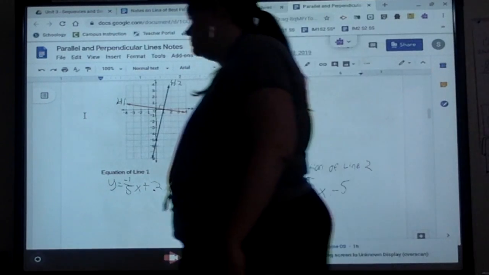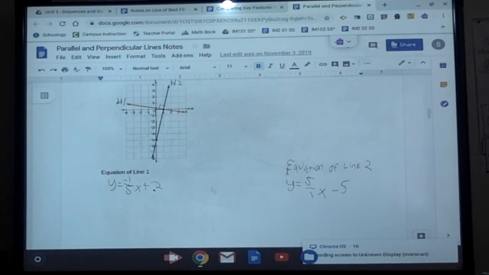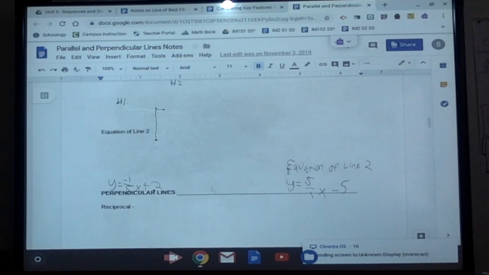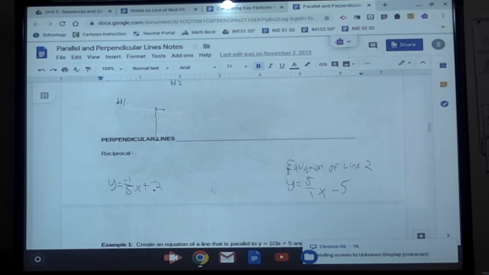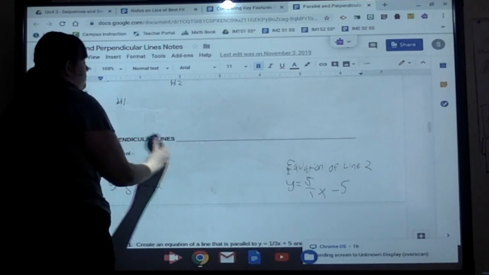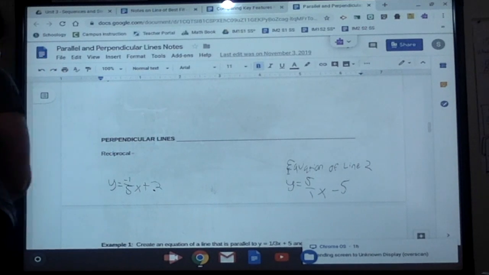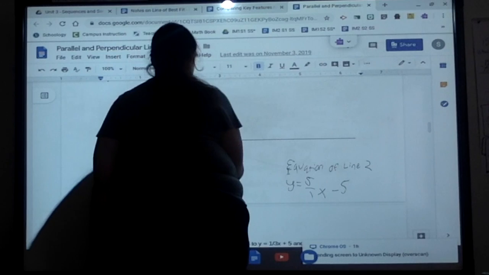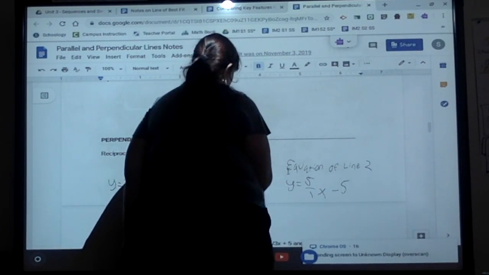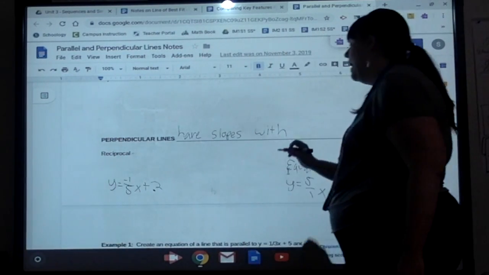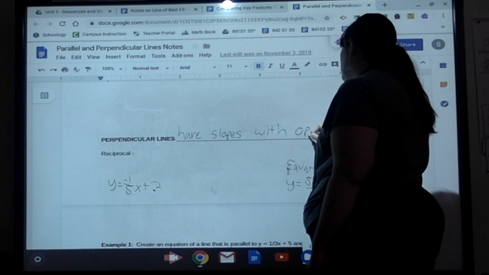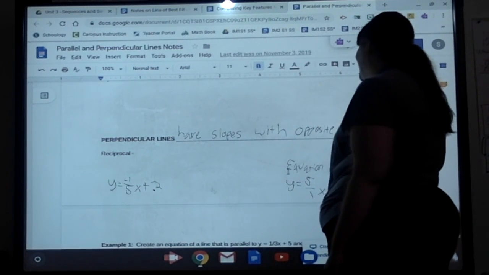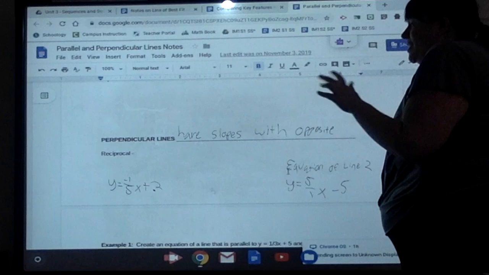So if you scroll to where it says perpendicular lines are, perpendicular lines have slopes with, I'm going to start with the word opposite, because I mean opposite sign. If one of them's positive, the other one's negative.